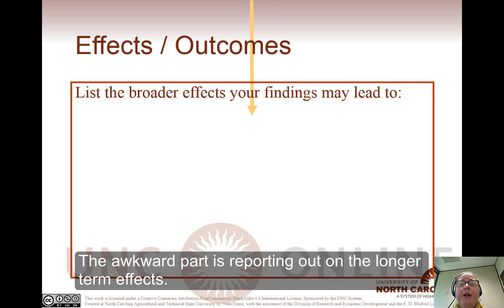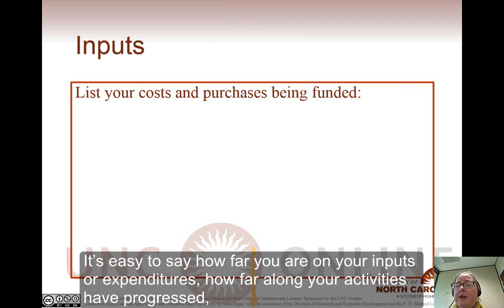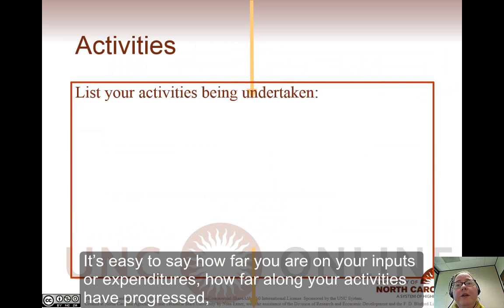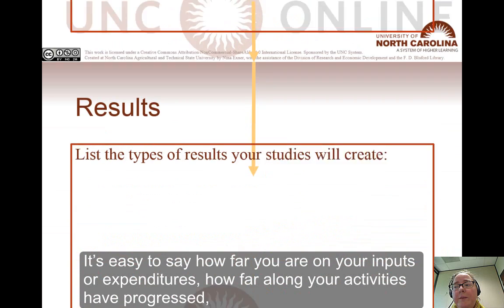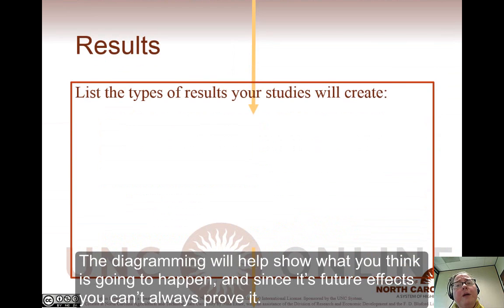The awkward part is reporting out on the longer-term effects. It's easy to say how far you are on your inputs, your expenditures, how far your activities have progressed, and what your preliminary and then final data is. The diagramming will help show what you think is going to happen. But since it's future effects, you can't always prove it.